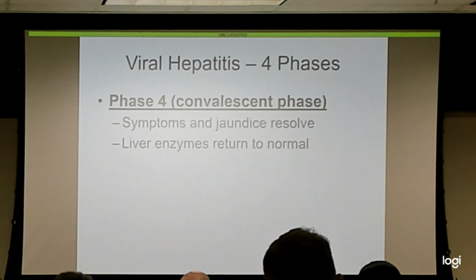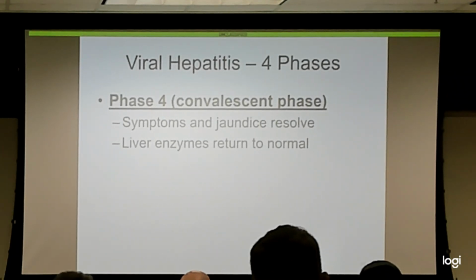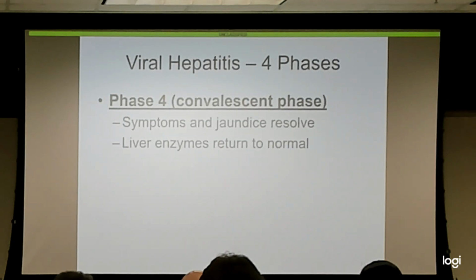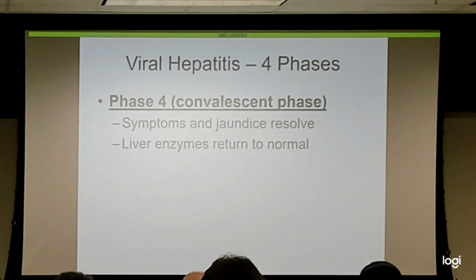And phase 4, convalescent phase. This is where things start to settle down, but you've got liver injury. So you're not lysing a bunch more cells, everything kind of stabilizes, but you might have some fibrotic reaction to that liver. Some areas might start regenerating.